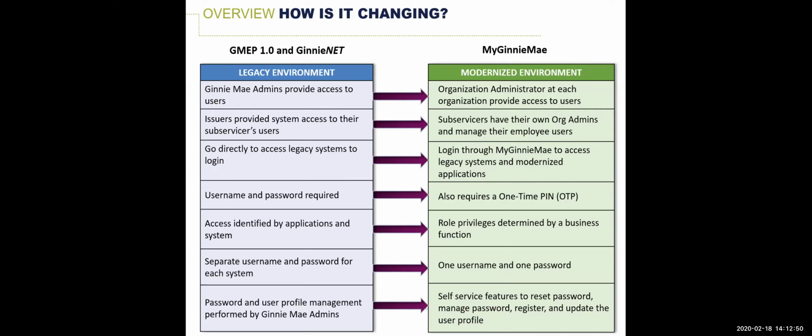So the folks that have responsibility for pooling will get those functional roles. The folks that have responsibility for reporting will get those functional roles. If you're an authorized signer, you have your own functional role. If you have responsibility for both of those functions, you can have both functional roles.